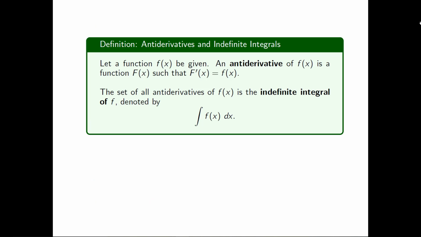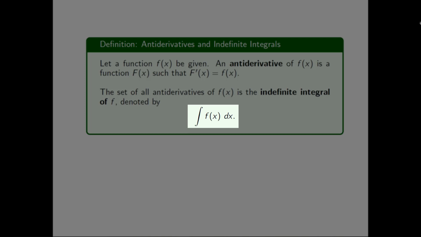Okay, so here's our definition. An antiderivative of small f of x is a function big F of x such that big F prime equals small f. Notice we saw on the previous page that there were several possibilities. The set of all antiderivatives is the indefinite integral, and it's denoted by this symbol here.